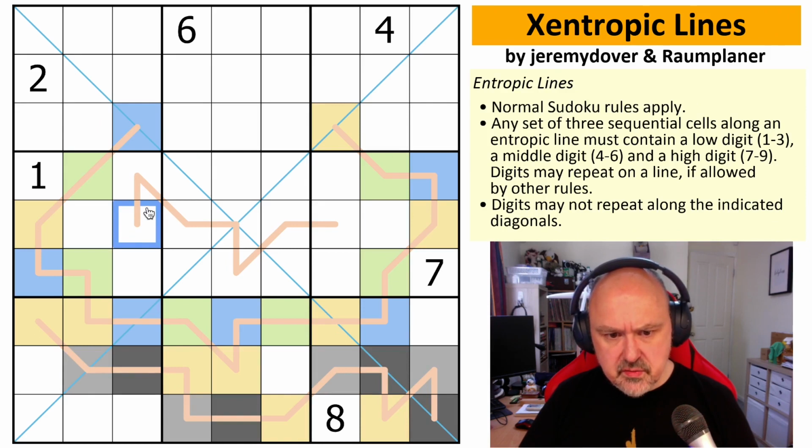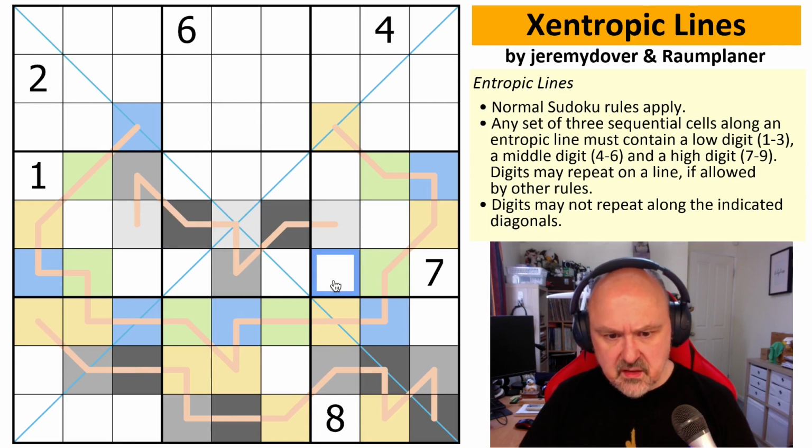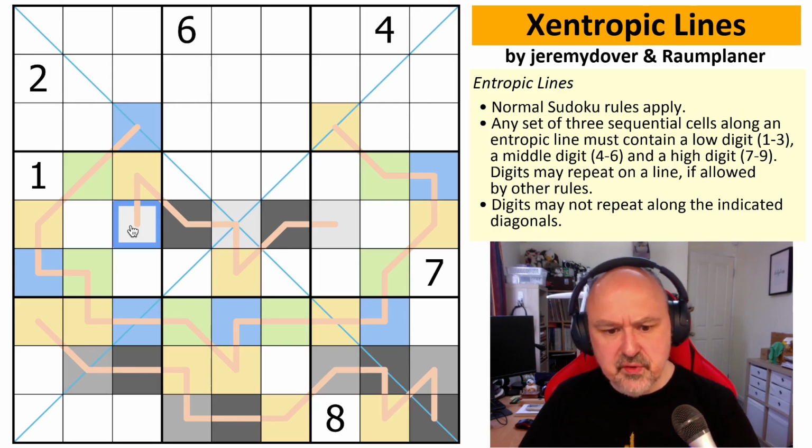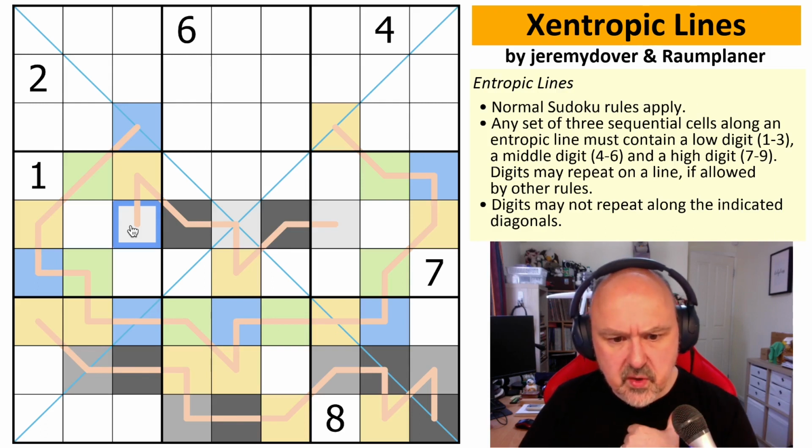So 1, 2, 3, 1, 2, 3. Okay, that's interesting. So there, 1, 2, 3, and then I run out. So that would be middle, and these would be black. So on this line, neither of those can be yellow. So these two are yellow. And this is either blue or green as well.